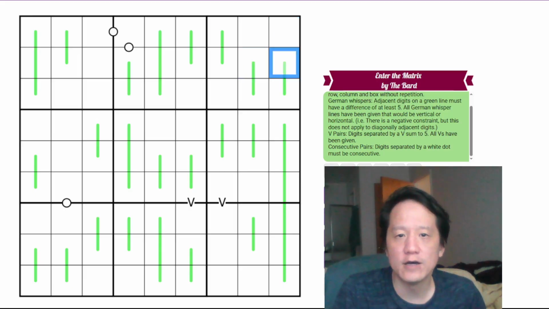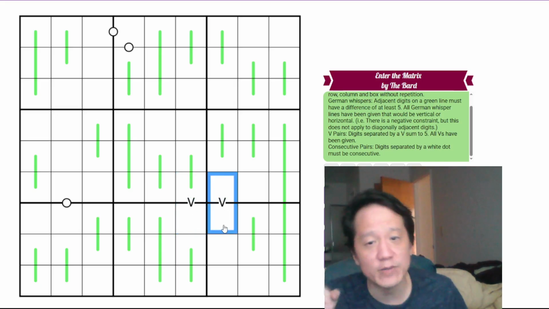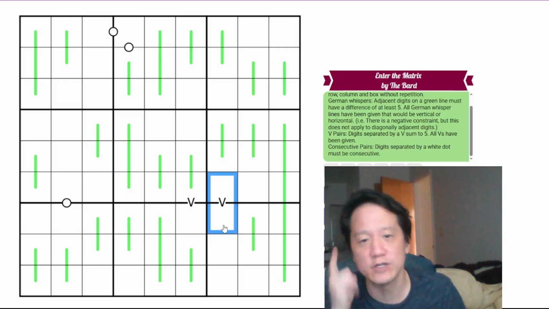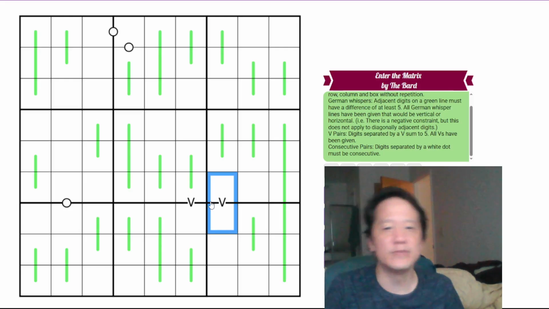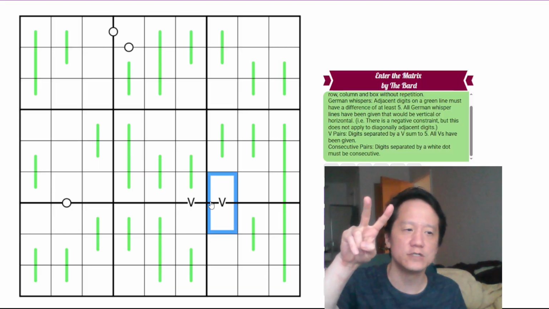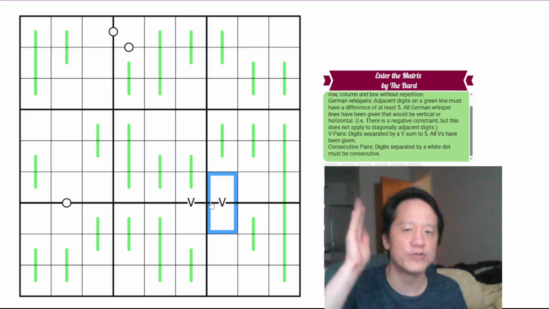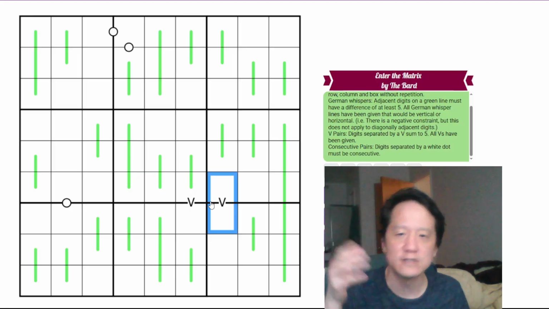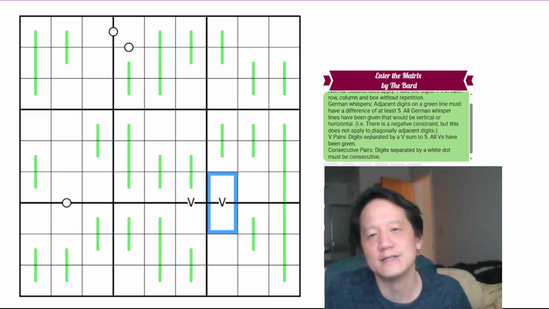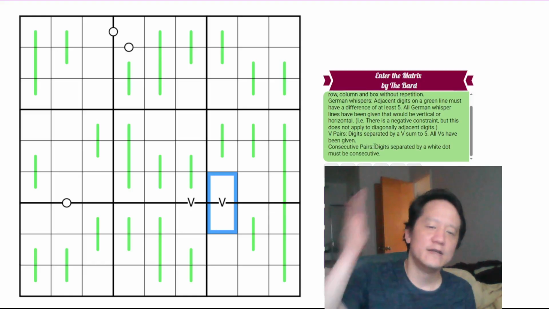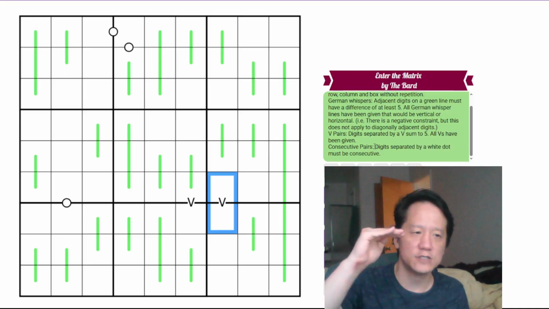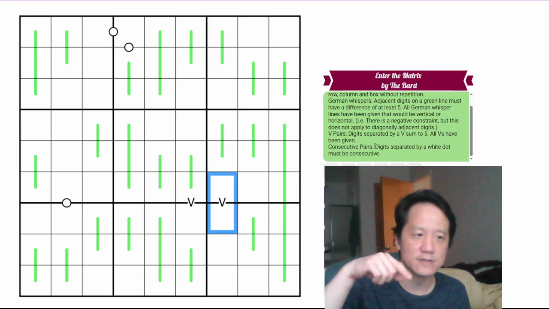We also have V pairs, where digits separated by a V sum to 5. All V's have been given also, so there's a negative constraint there. V's can only separate digits that are orthogonally connected to each other, which means that they share an edge, right?